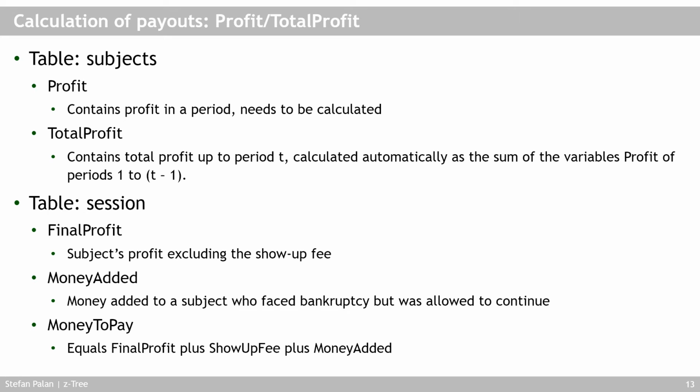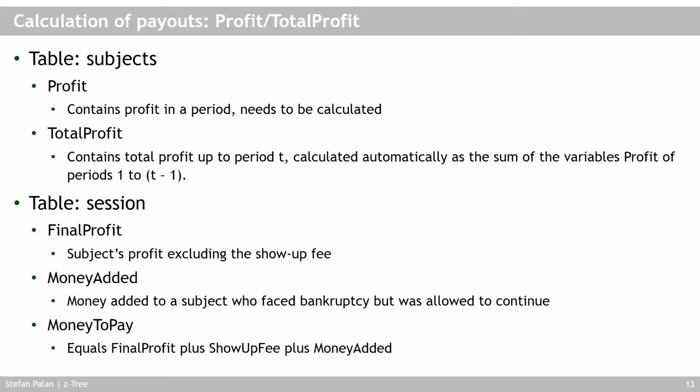And total profit is the proper variable name in SETRI for this, that gets paid out to the subject at the end of the experiment, converted into real currency. So total profit contains all the profit from previous periods summed up, and profit is where you should write the profit for the current period.